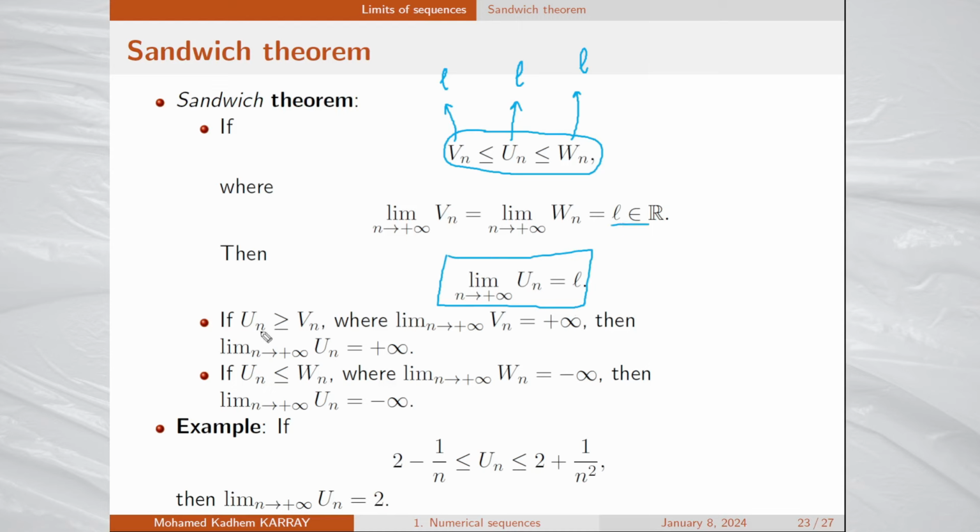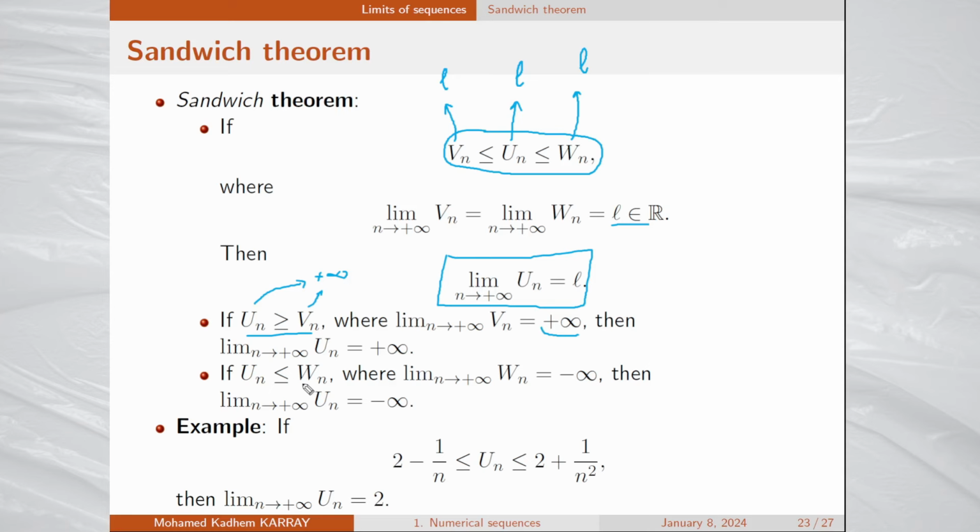Another case is when u_n is larger than some sequence v_n which goes to plus infinity, then the sequence u_n also goes to plus infinity. And this is obvious, since if this sequence becomes very large, and u_n is larger than v_n, then necessarily u_n also becomes very large.